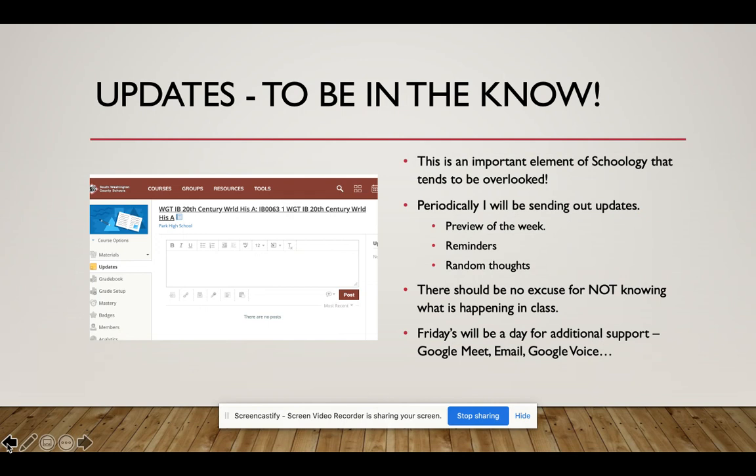Updates. This is an important element of Schoology that sometimes is overlooked. Periodically, I will be sending out updates, preview of the week, reminders, maybe some random thoughts, but I do intend to be sending out updates. And so there's no excuse for not knowing what is happening in class.